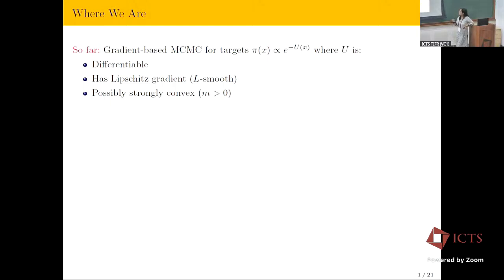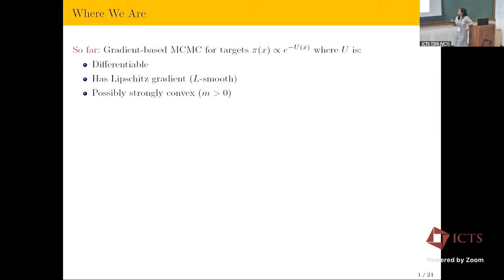We've also assumed essentially that U has a Lipschitz gradient, and we've implicitly assumed it in the sense that when we're employing a Langevin-style algorithm, we want to ensure that the discretization that's employed actually works well. And that happens when the gradient itself behaves not faster than a linear function.